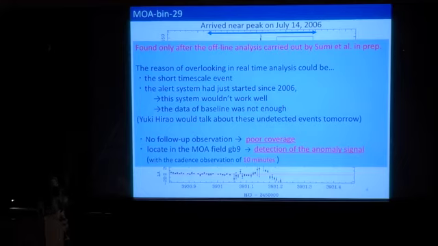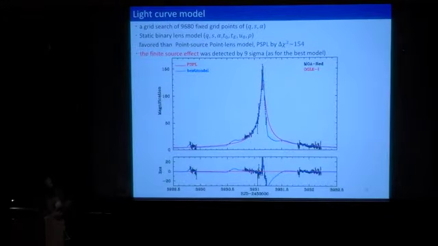Since this event was not alerted, there was no follow-up observation, so the data coverage was poor. But this event is located in the MOA field GB9, which is the highest cadence observation field, at 10 minutes. So we can detect the clear anomaly signal. In order to find the best model, we conducted a grid search.